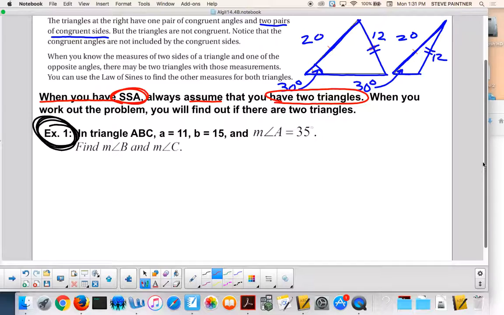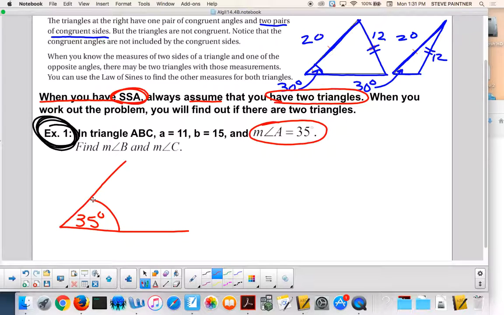First, let's draw it. Here's your first angle to draw. Draw 35. Call it A. Now, side A is 11. Since I'm going to assume there are 2, I'm going to make sure this triangle does exist.